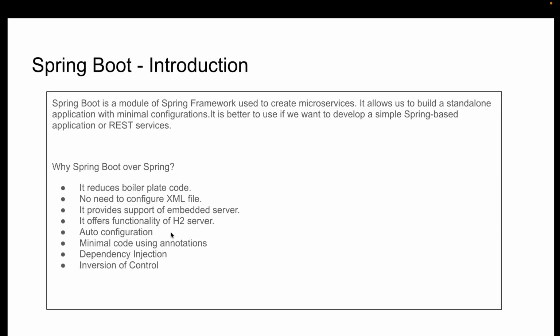So this will help you to inject the dependencies, and this will help you to do auto configuration. One such example is when you write @SpringBootApplication. We will see these annotations one by one when we start developing the application. I'm just giving some examples for now.